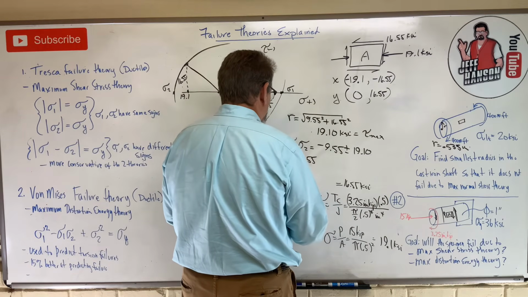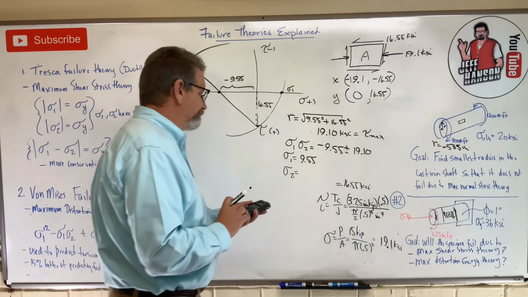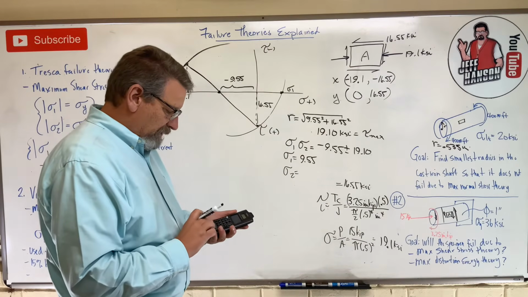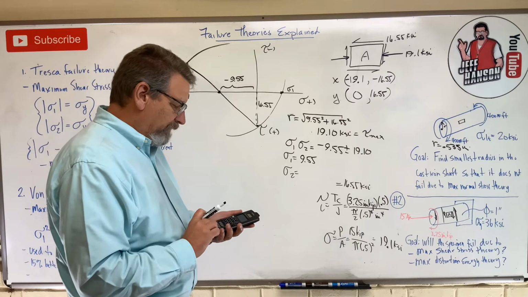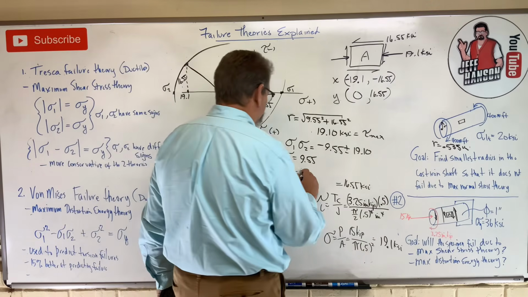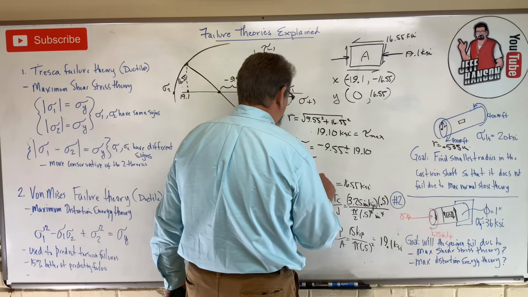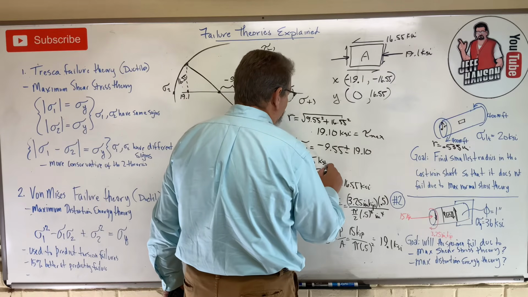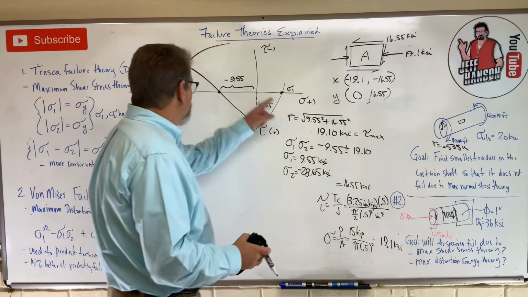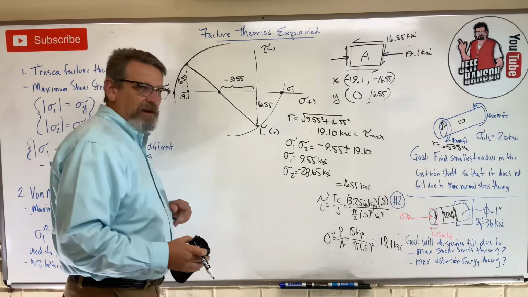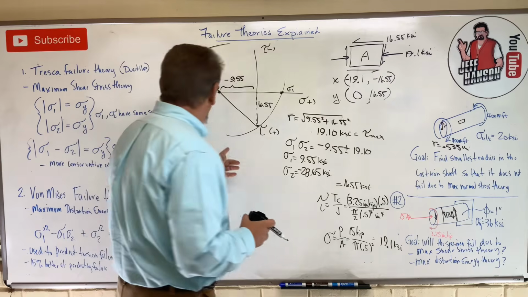Sigma 2. Sigma 2 is what? 19.10 plus 9.55 equals 28.65. That's KSI, but this one is negative, right? Sigma 2 is negative, isn't it? Okay? All right, here we go.